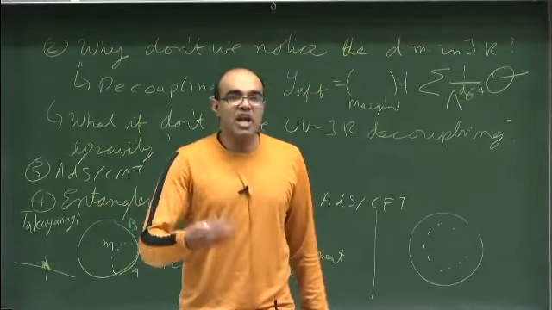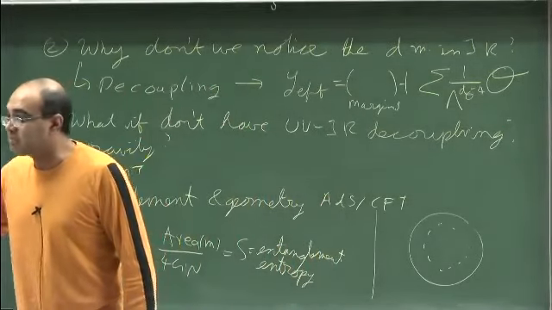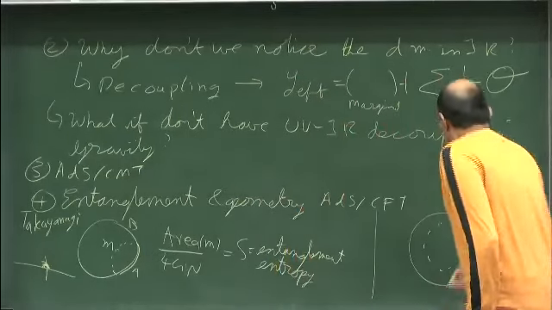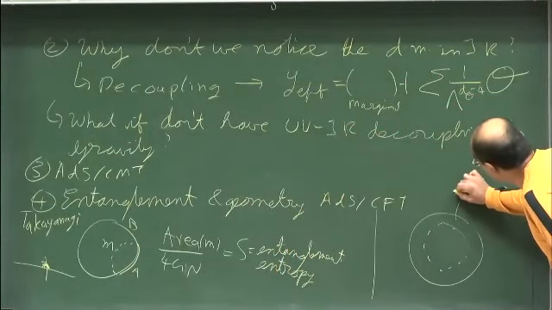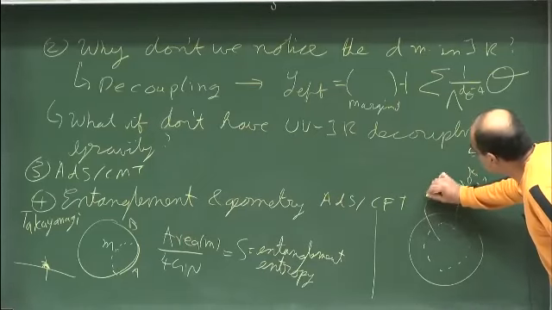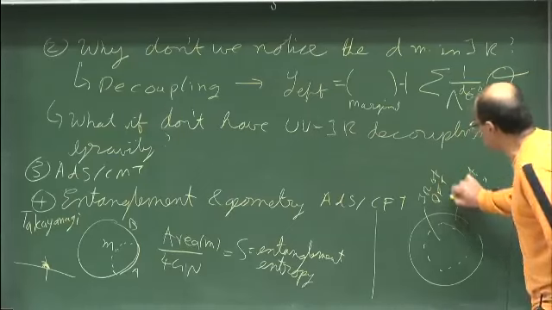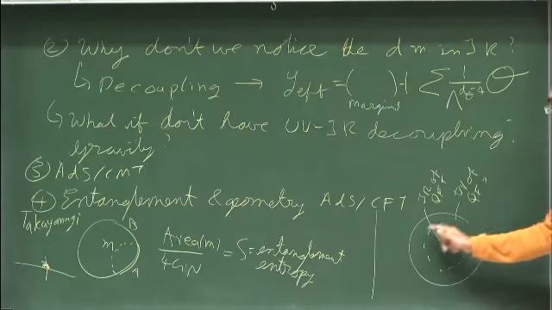If you want to generate the areas and geometries of surfaces in AdS from some kind of entanglement in the field theory, well, a natural thing to suppose is that, in AdS/CFT, the region outside this cutoff would be the UV of the QFT. The region inside this cutoff would be the IR of the QFT. So it would be very natural to hope that some sort of UV-IR entanglement in the quantum field theory would be related in some way to the area of these surfaces.